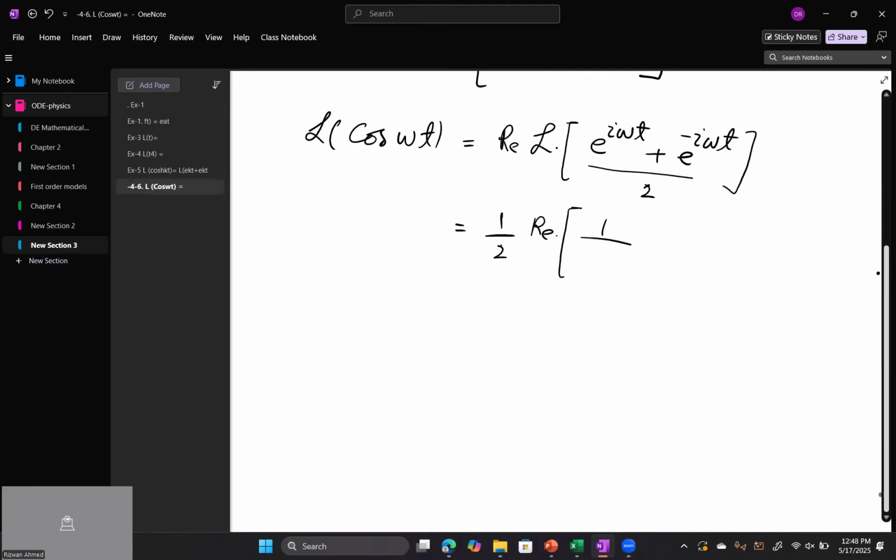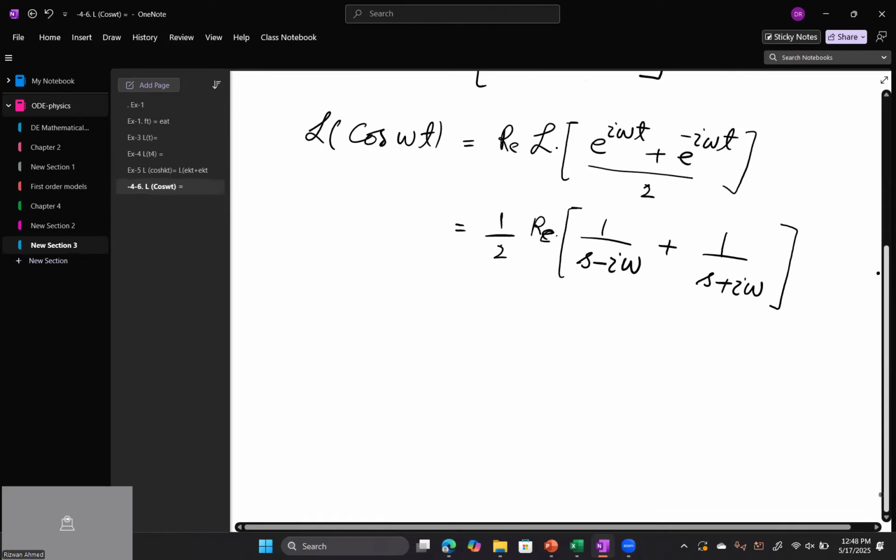So it is 1 over s minus iota omega plus 1 over s plus iota omega for this part, and this will be the real part of it. So 1 by 2, the real part of this one, this needs to be evaluated.